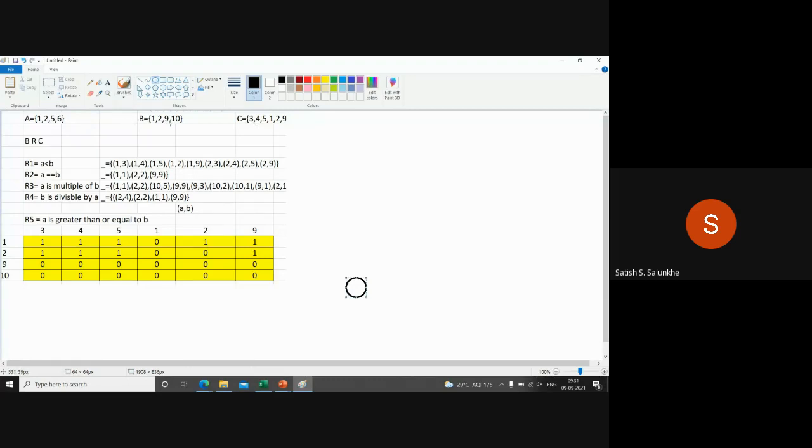So what are the unique elements here? One, I will just write here. Just a minute. I will just copy this quickly and then I will do this.